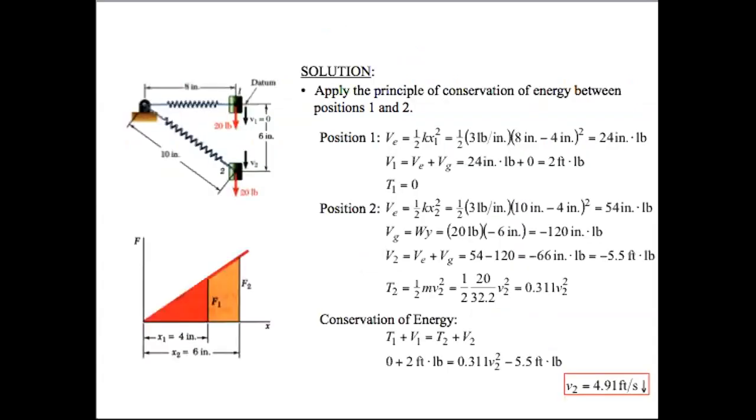First, we must confirm that the forces that do work on the collar are conservative, and then apply the principle of conservation of energy between position 1 and position 2. The collar slides without friction along a vertical rod, so the work is done only by the weight of the collar and the force exerted by the spring. So the system is conservative.